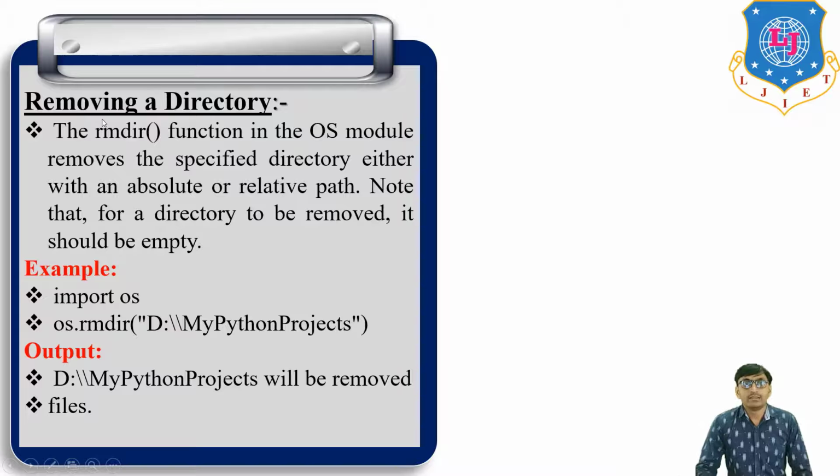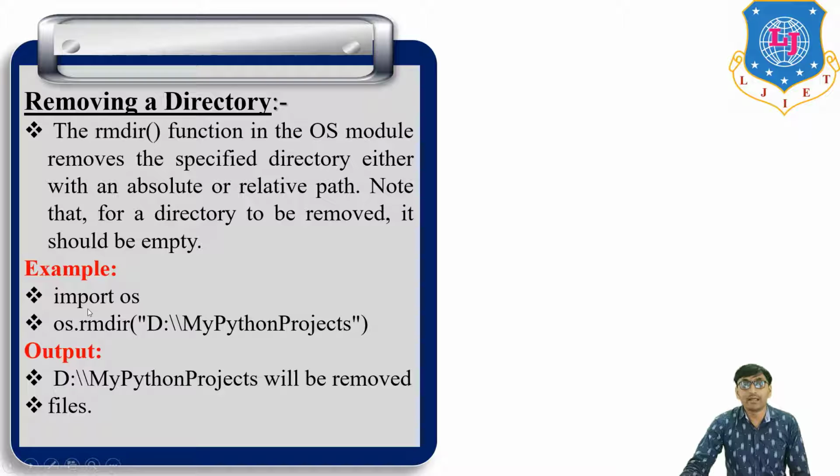Then next, removing a directory. The rmdir function means remove directory. This function in the OS module removes the specified directory, either with an absolute or relative path. Note that for a directory to be removed, it should be empty.